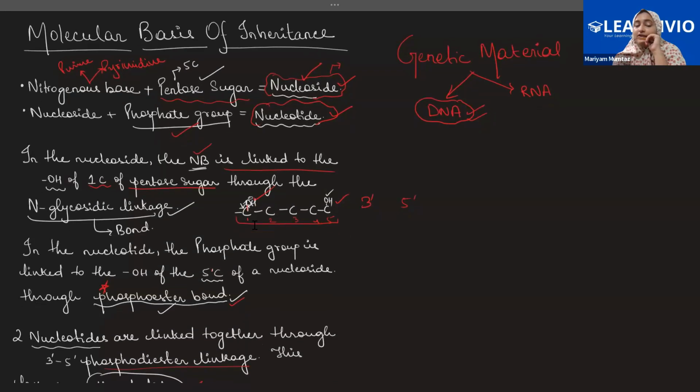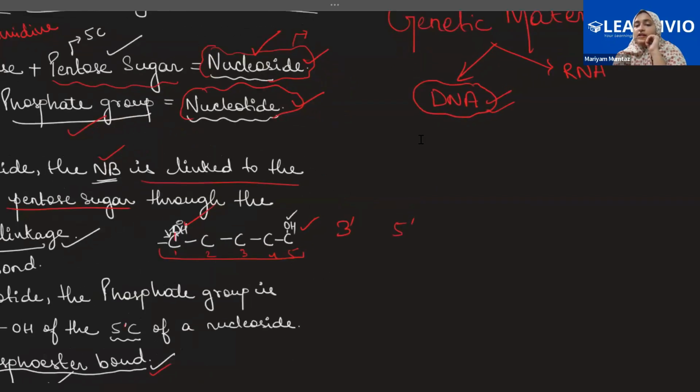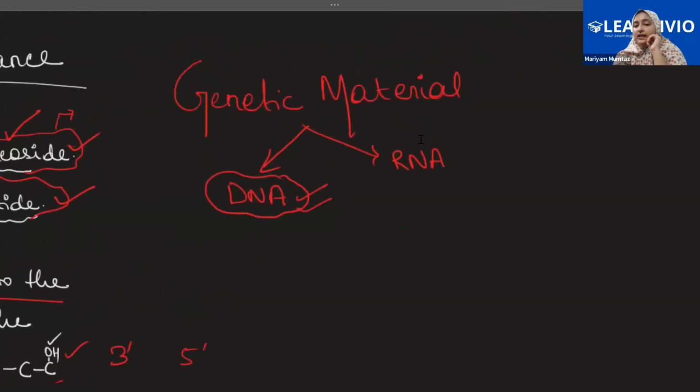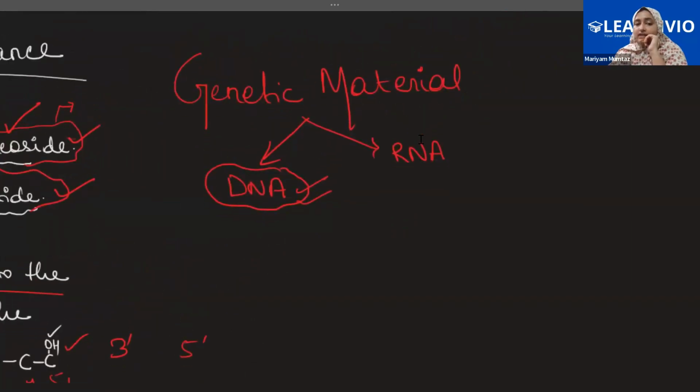But before talking about the main things, there are certain things you should remember, such as the bonds. You might remember that the genetic material is of two types: it can be DNA, or it can be RNA for some organisms. Who can tell me the full form of DNA?